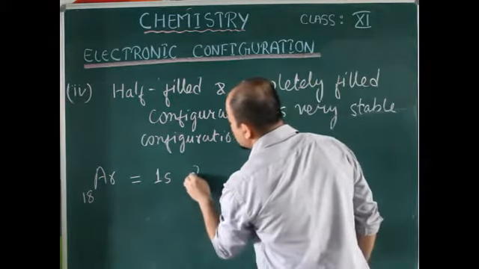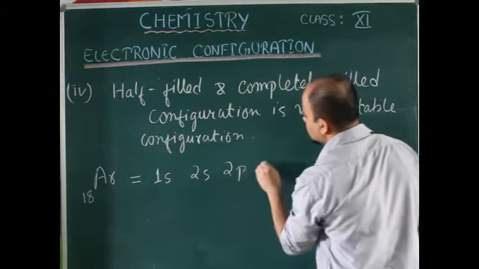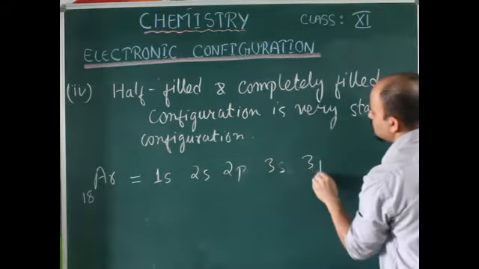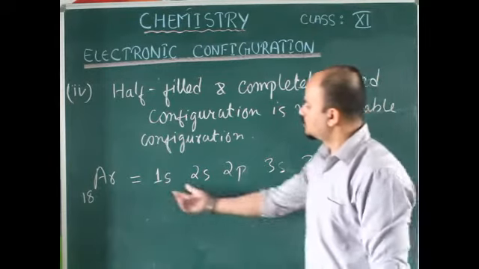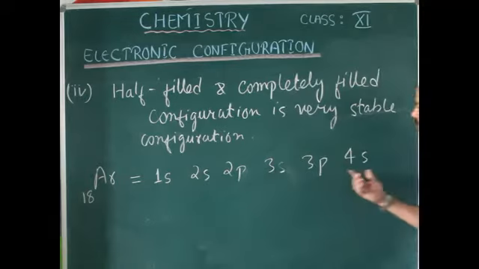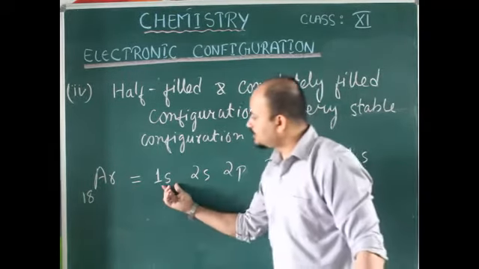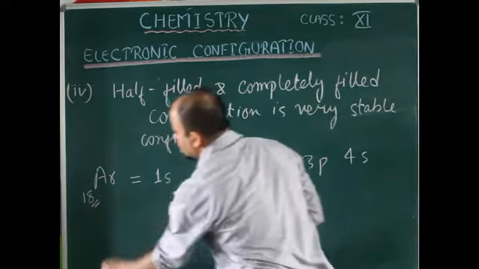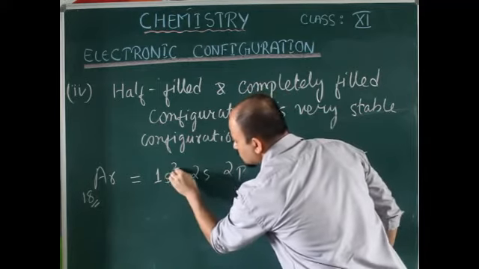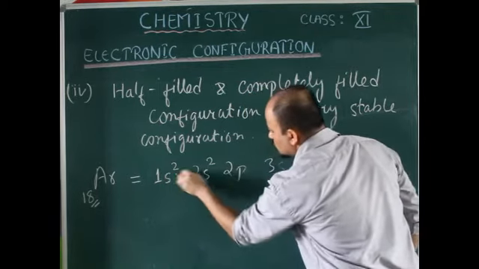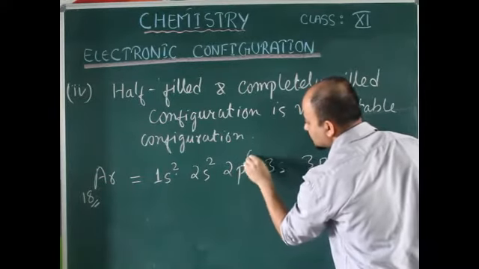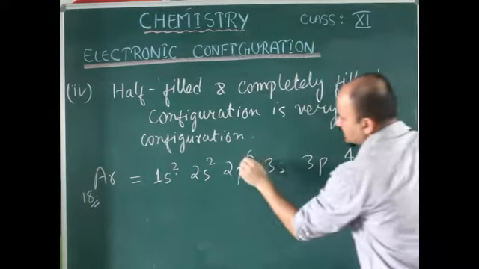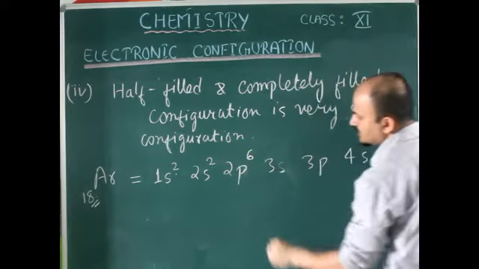Therefore, 1s, 2s, 2p, 3s, 3p, then comes 4s. The maximum capacity of s is 2, and p's maximum capacity is 6. Therefore, it can accommodate a maximum of 6 electrons.